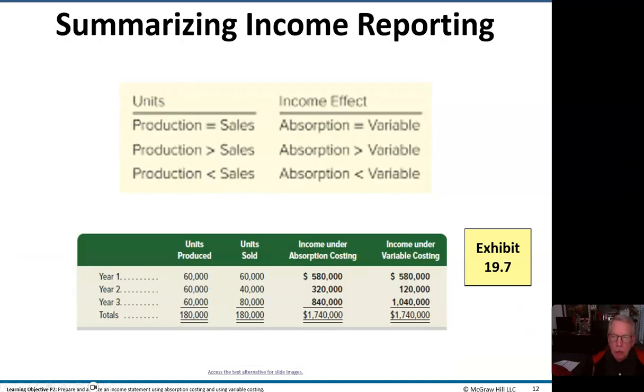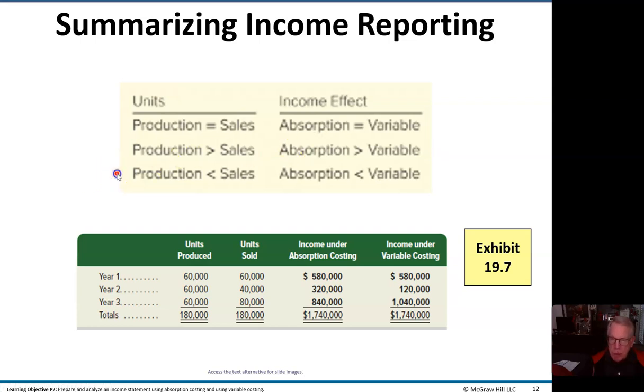All right, so in summarizing income reporting, if production is the same as sales, absorption costing will equal variable costing. But if production exceeds sales, then absorption costing will give us more income than variable costing.